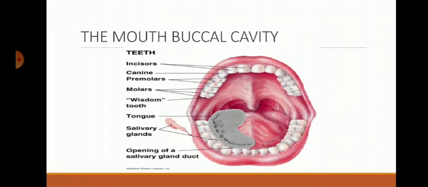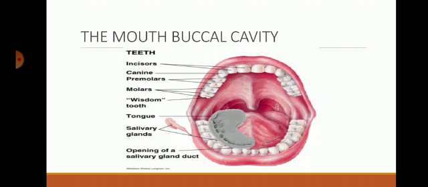As we ingest food, the salivary glands present in the mouth start its digestion. The teeth present in the buccal cavity cut the food into small pieces by chewing and grinding it. Salivary glands secrete a watery liquid, saliva.